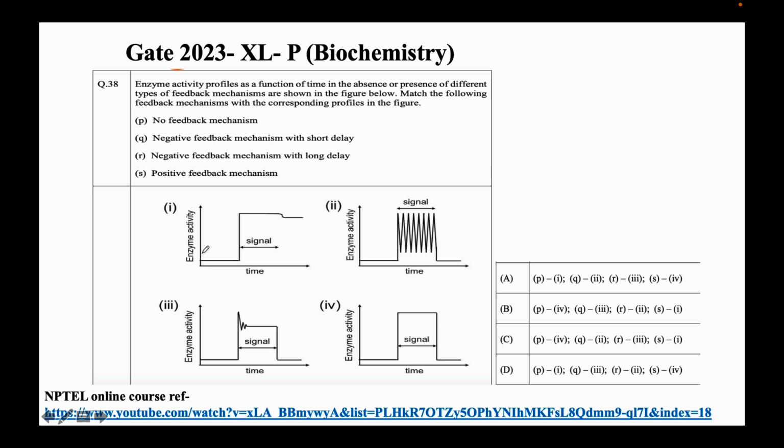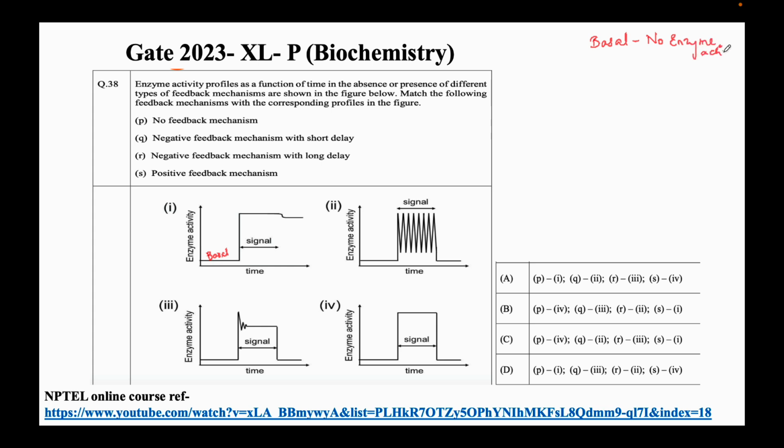So suppose in this example, if we give a signal, before giving any signal the enzyme activity is basal. So this is the basal, approximately 0 enzyme activity at basal level. For our convenience, we say at basal level, no enzyme activity.